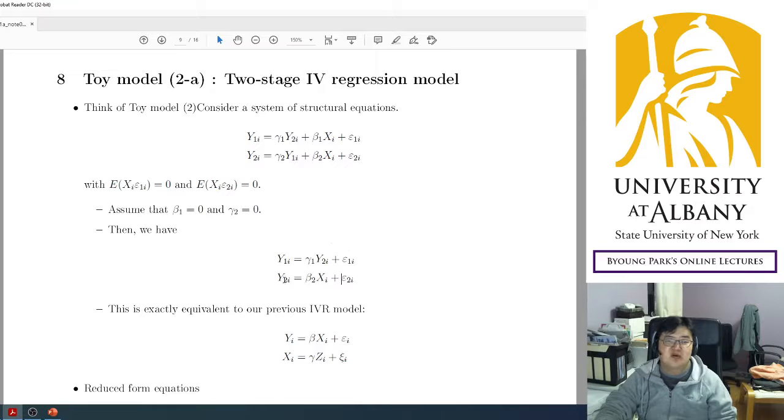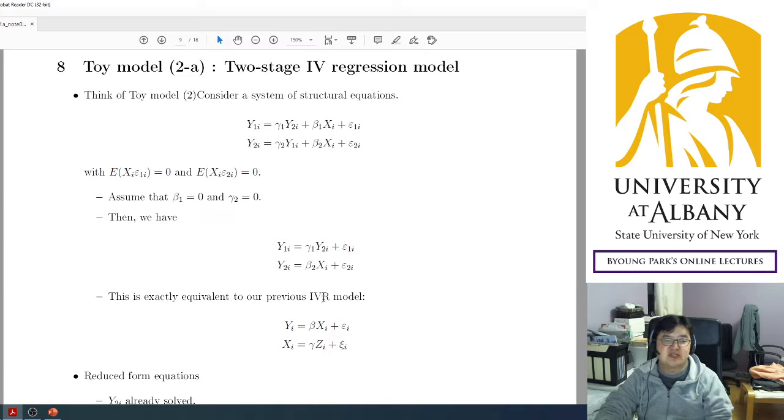So it is exactly the same structure as the IV regression model, the triangular equations model. Y is determined by x, and x is determined by z. By assuming beta 1 equals 0, you make x an excluded instrument, so x does not appear in the first equation.